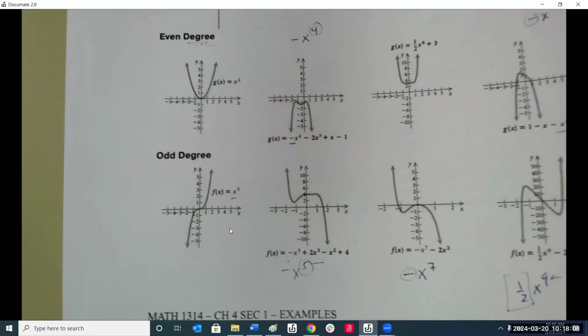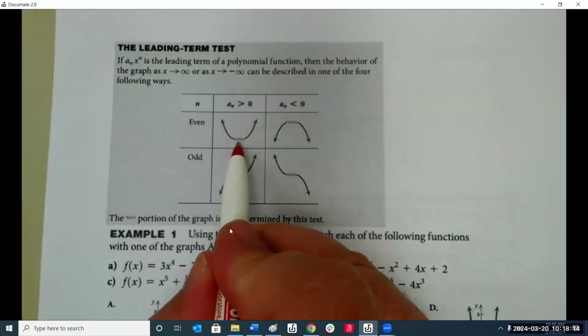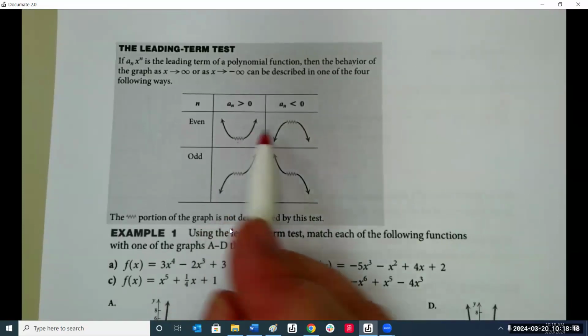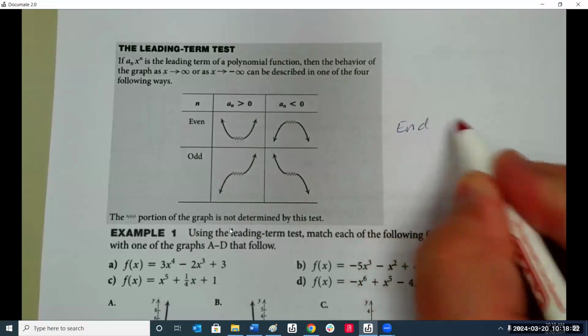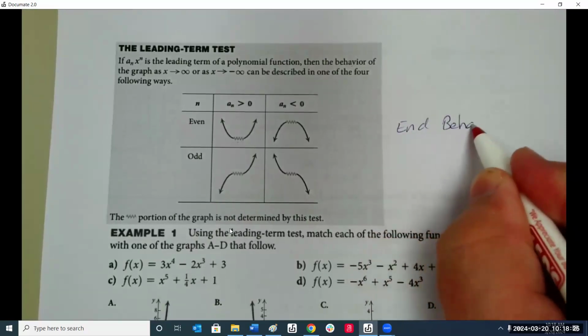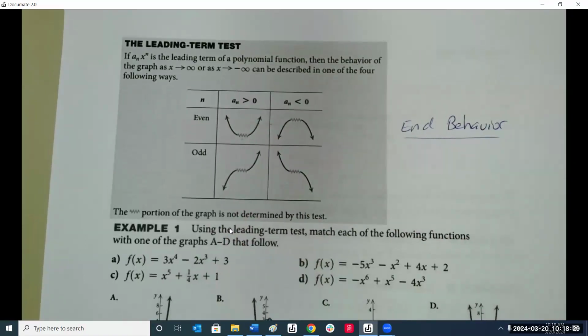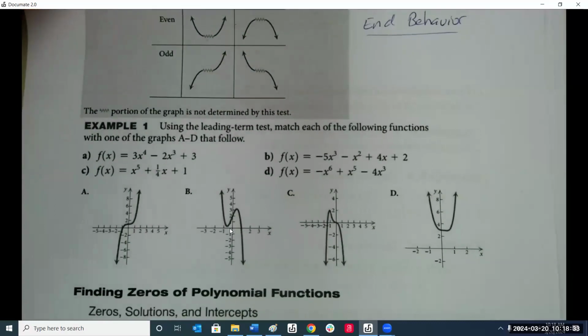So far, so good. And there's a cheat sheet again. Again, we don't know what happens in the middle because as the functions get larger, all we know are the end behaviors. These are what are called end behaviors. What happens to the end of the function? All right.